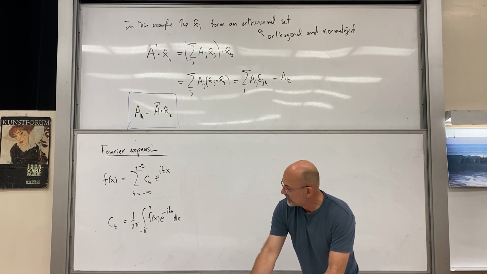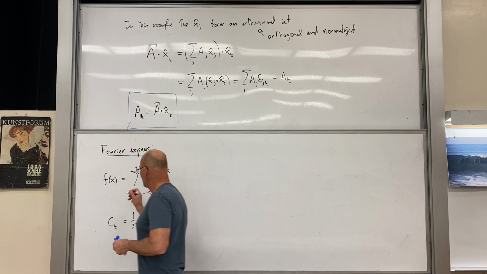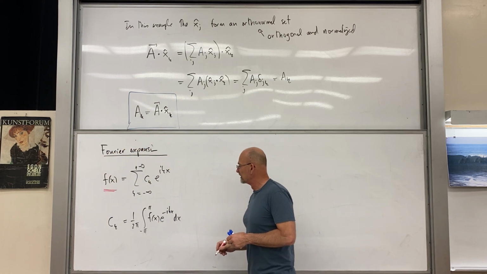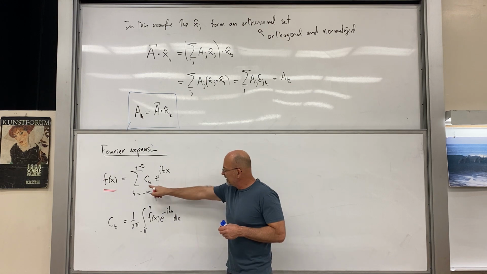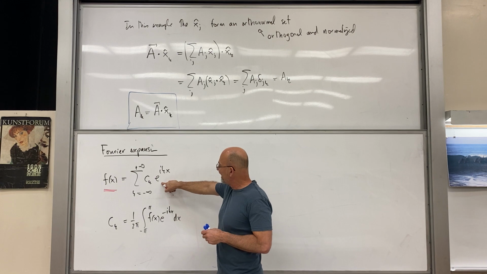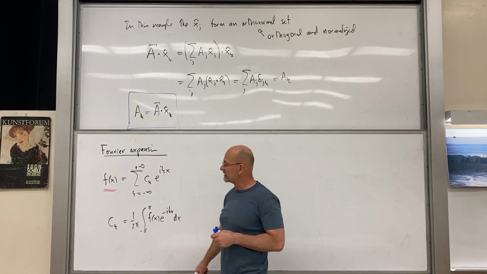This we can think of as the vector. c sub k are the coefficients, and e to the i kx are the basis vectors. Okay.